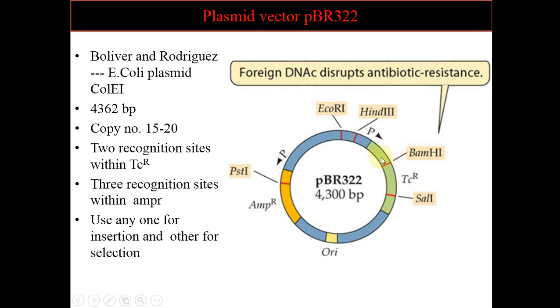If you are attaching your gene of interest within the tetracycline resistance gene, then you have to use the ampicillin resistance gene as selectable marker, because if you attach the gene in the tetracycline resistance gene, it will not be functional because its sequences are changed. So no protein is formed which will protect the cell against tetracycline antibiotic. But you can use the ampicillin resistance gene for selection of transformants.